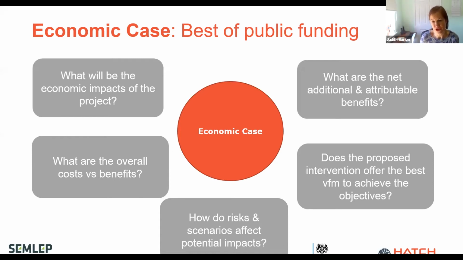One of the things you should also do in this economic case is relate that back to your options appraisal, because it might be that when you did that options appraisal you had two or three ways of successfully delivering the objectives of your project. But it might be that one of them was either the cheapest or delivered the greatest number of outputs.